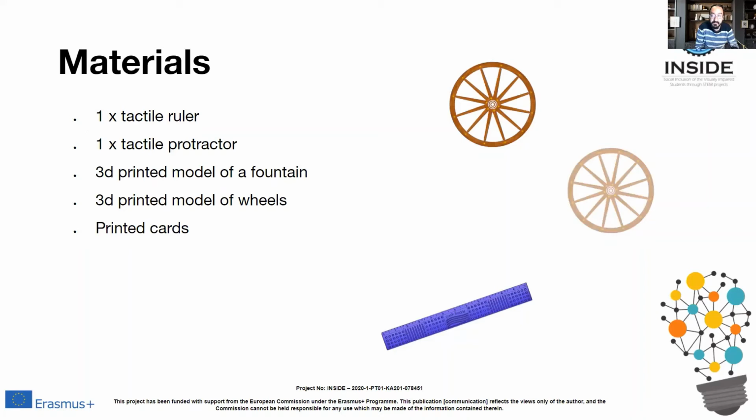Again, the set of materials you are going to need for this is a tactile ruler, tactile protractors, and some 3D printed models, which we can provide as STL files and 3D printed ready files. We can even provide them printed.